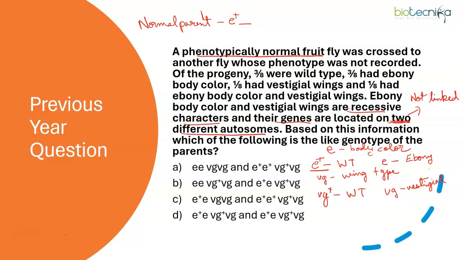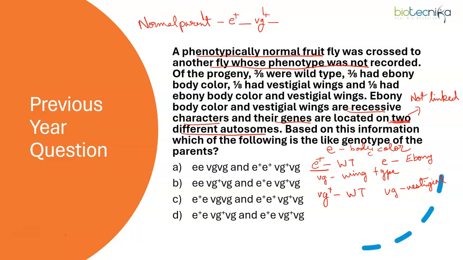Both of them will produce wild type body color. Similarly for wing type, it will have one VG plus, the other allele we don't know, it can be VG or VG plus. In both scenarios it will have the wild type wing type. So this is the anticipated genotype of the normal parent. The other parent's genotype we cannot comment on because the phenotype of it was not recorded.